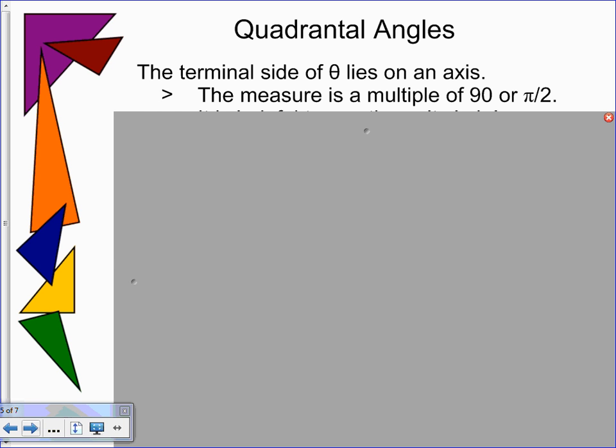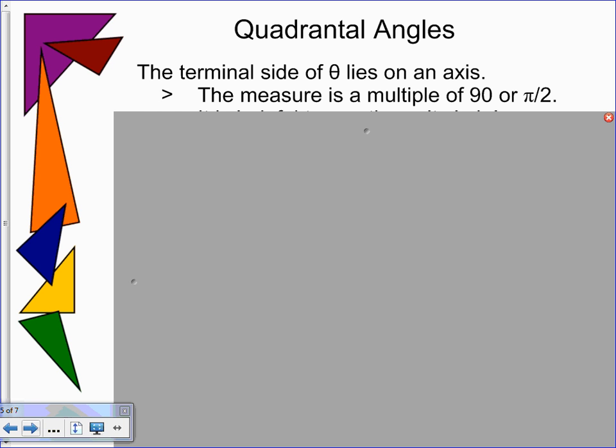Those are all multiples of 90. And then as you go around for radians, you're always adding pi over 2. 0, pi over 2, pi, 3 pi over 2, 2 pi, 5 pi over 2, 3 pi. So you're just going up by pi over 2 each time.